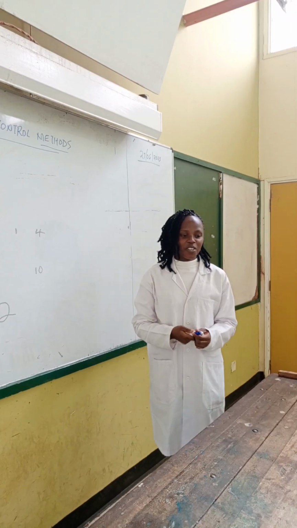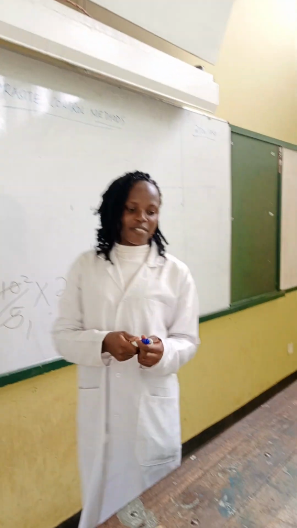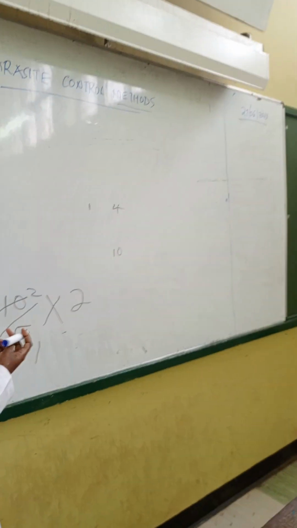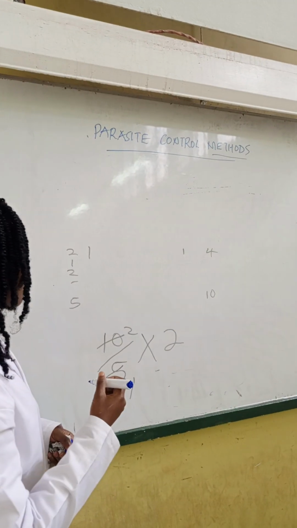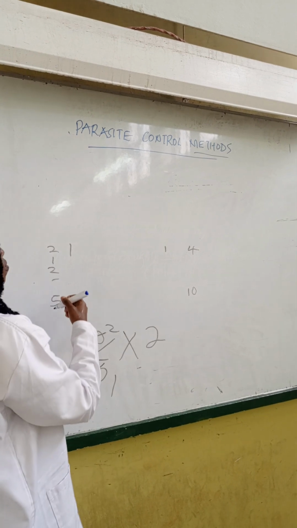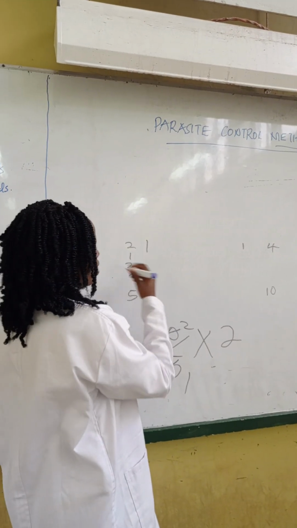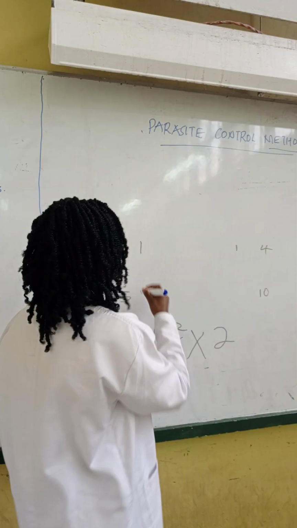Thank you very much for being attentive. I'll finally leave you with an assignment, which will just remind us of what we have learned, and that means you need to go and research very well in the library.